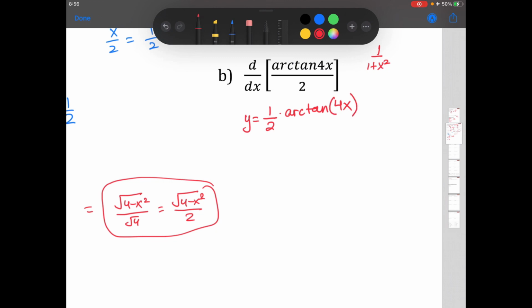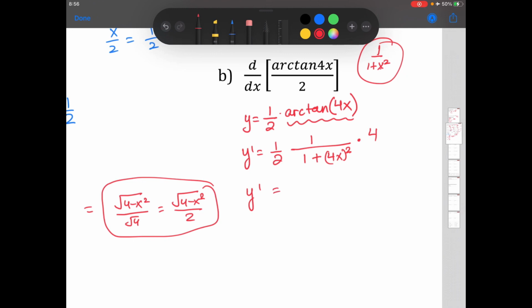I don't want to put the 4x in parentheses if that helps. So now y prime would be what? 1/2, and this will be replaced with this, right? Remember, your x is 4x here. So this would be 1 over 1 plus 4x squared, times the derivative of 4x, which is just 4.